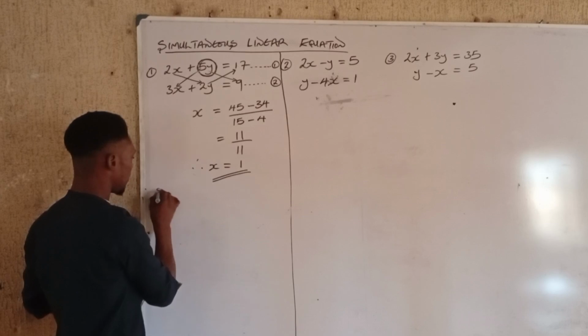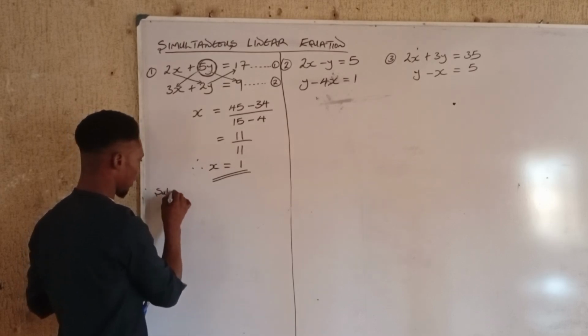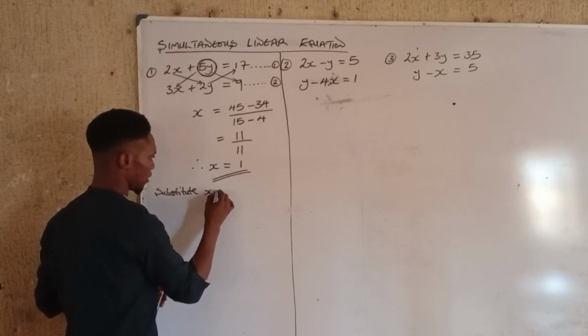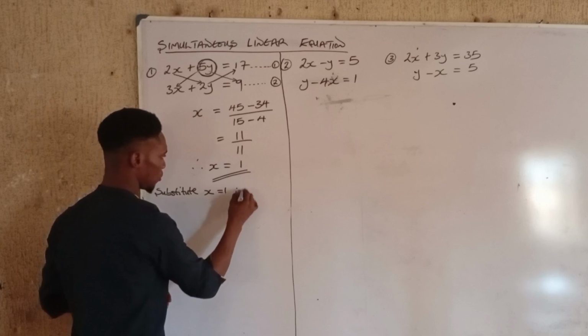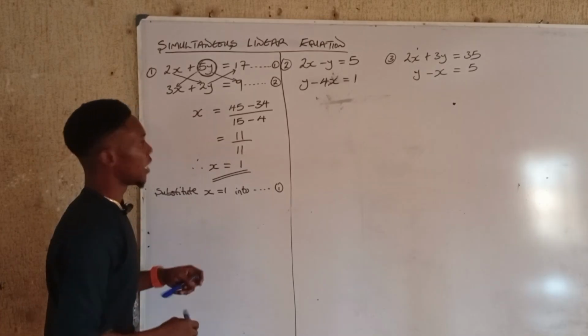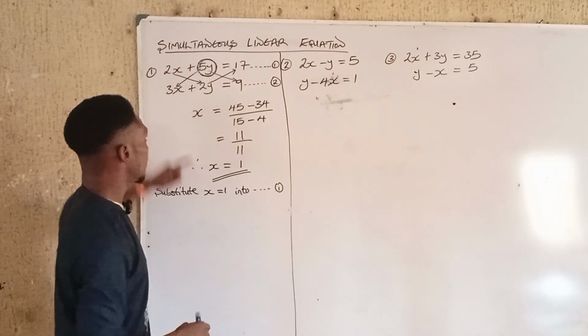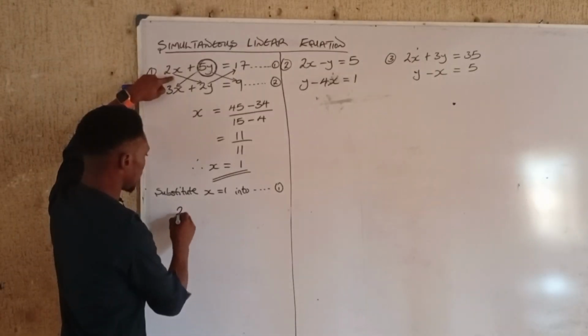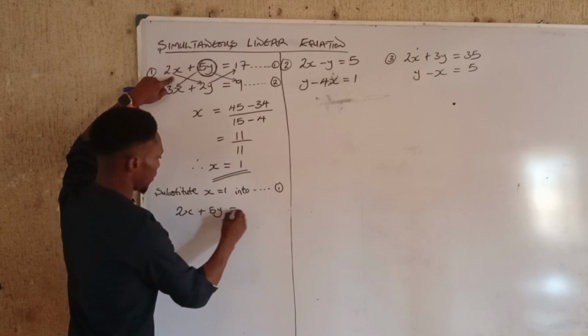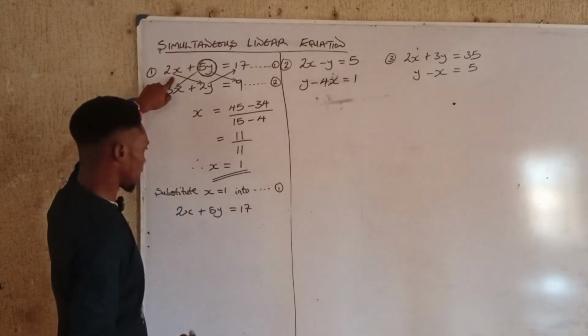So let me use equation 1. Substitute x equal to 1 into equation 1. And what do we have in our equation 1? This is our equation 1: 2x plus 5y equal to 17.